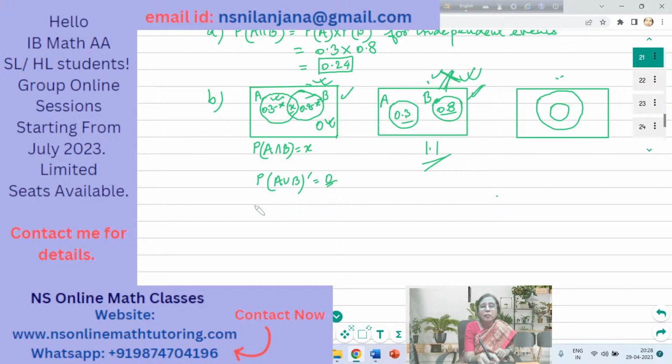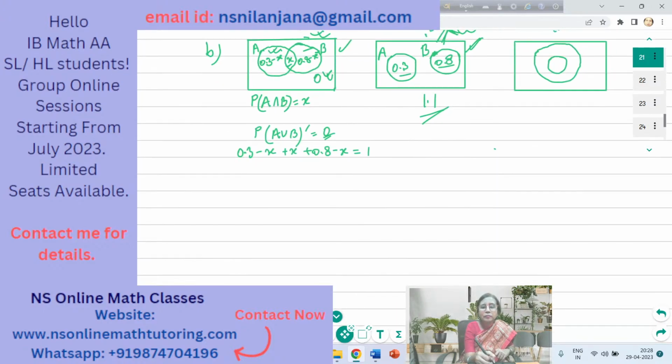First of all, let me take this part as 0. So the sum total of these three regions will be equal to 1. So it is 0.3 minus x plus x plus 0.8 minus x is equal to 1. Okay? And so the minus x and plus x will get cancelled, and 0.3 plus 0.8 is 1.1.